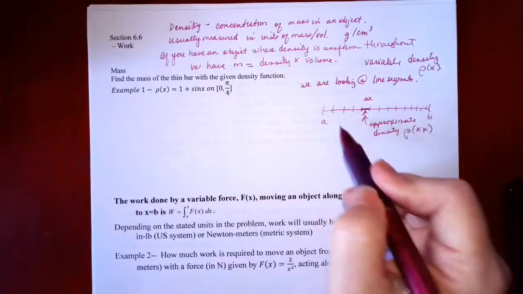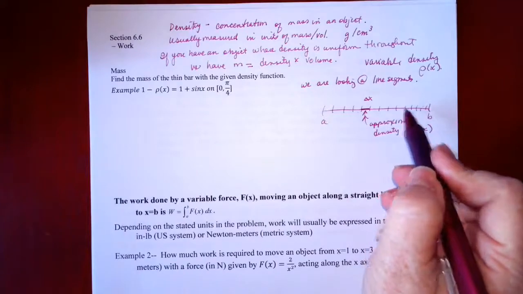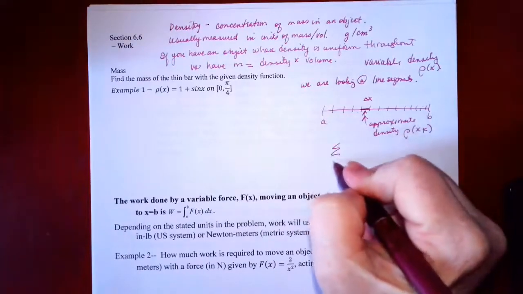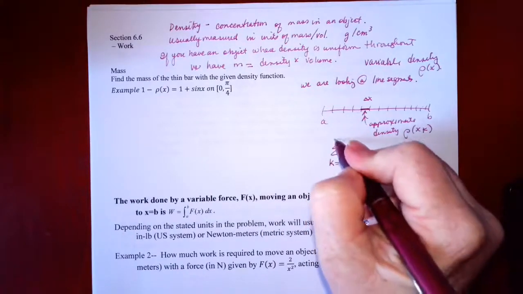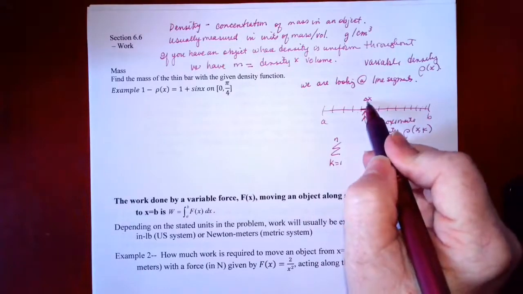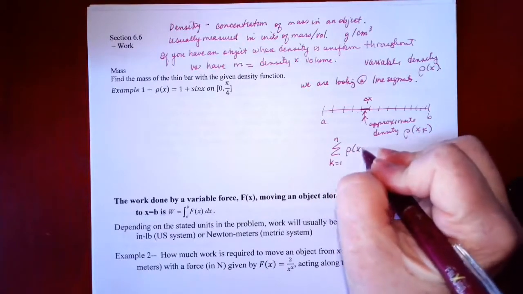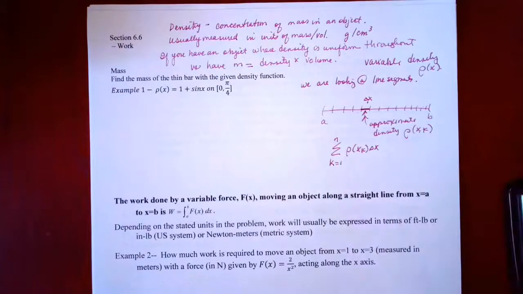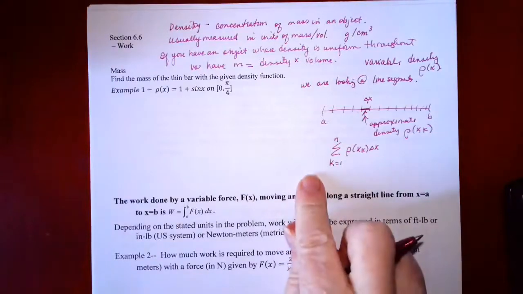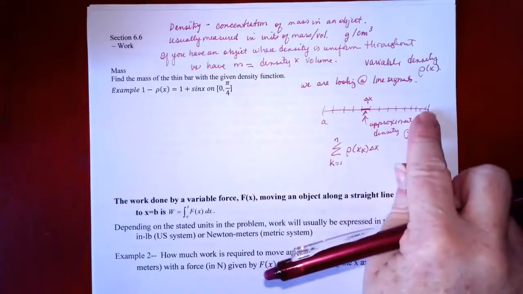And so we could approximate the linear mass of this line segment by adding up the density times the length for each little line segment. So that'd be P of xk delta x. And if we wanted better approximations, we just divide it into more and more little subintervals.